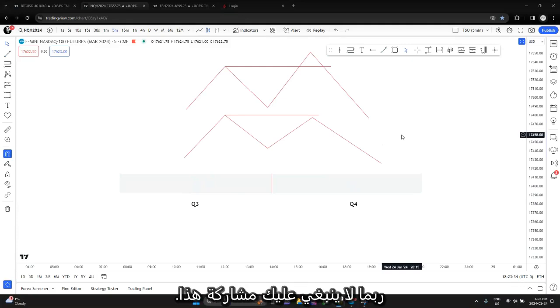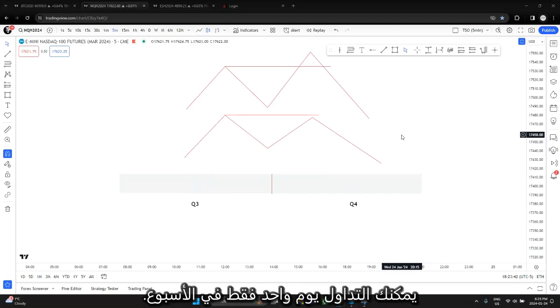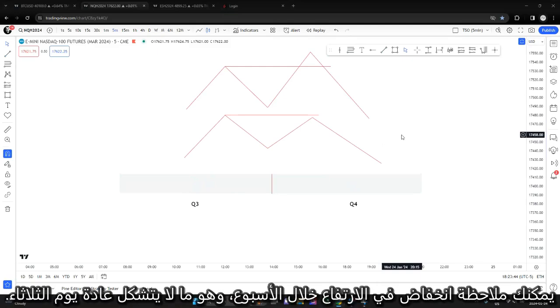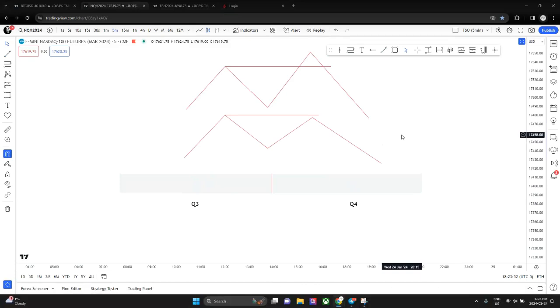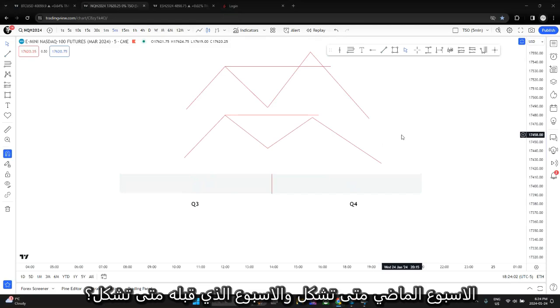You probably shouldn't share this. Like, this is actually powerful. You can leave the group now with just this alone. This is good. You can just trade one day per week. You catch the low, the high of the week, which does not usually form on Tuesday. Yeah, ICT said it usually forms on Tuesday, but last week, when did it form?